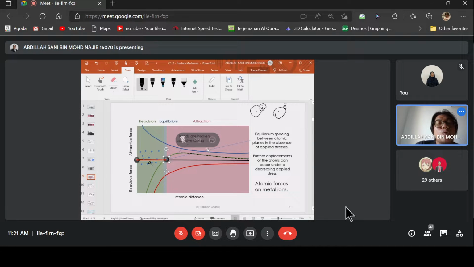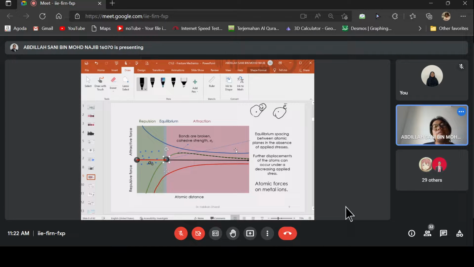So this blue line gives you the attractive force. We say attractive force is a positive force.